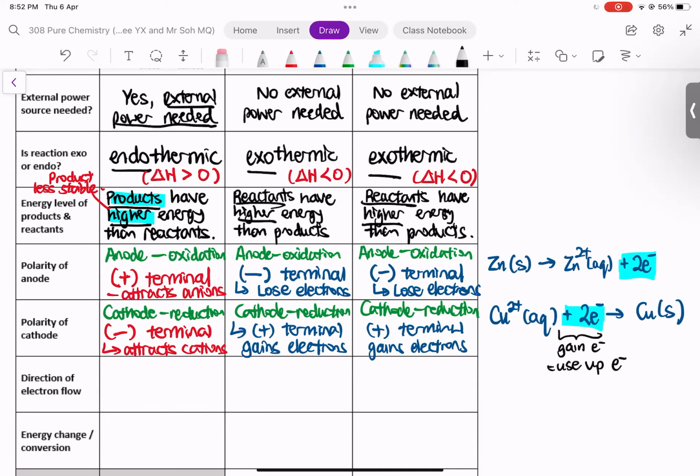Now we go on to the direction of the electron flow. Now, the direction of electron flow, you will understand it if you understood the anode and cathode. Regardless of whether it's electrolysis or electric cell, it must always follow a logical pattern.